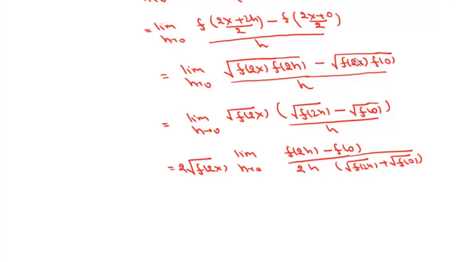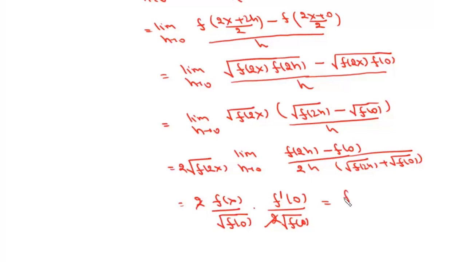So we can write root f2x as f x upon under root f0. So it will be 2 times f x upon under root f0, and here it will be this f dash 0, and here it will be 2 times under root of f0. Now this 2 and 2 will cancel.